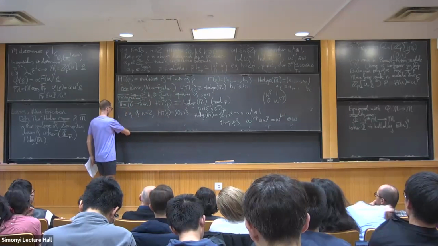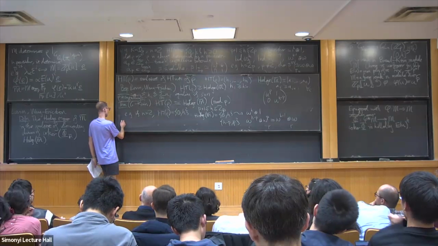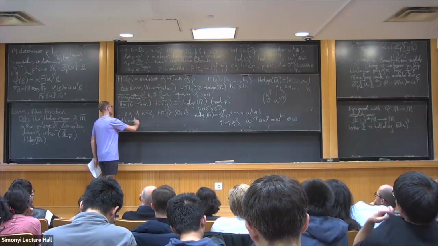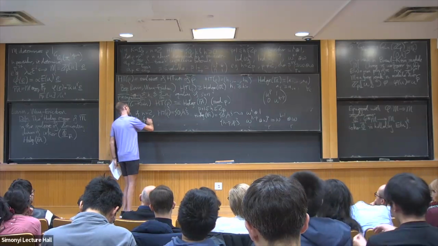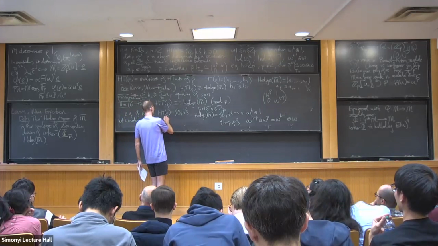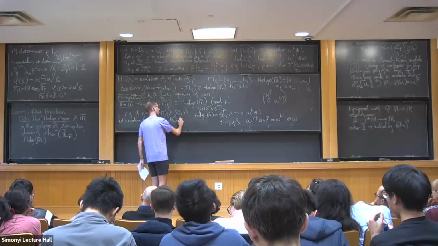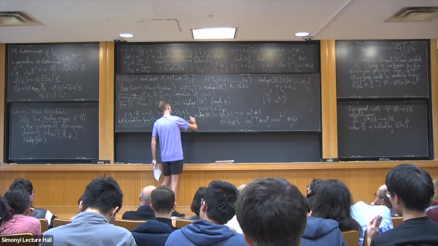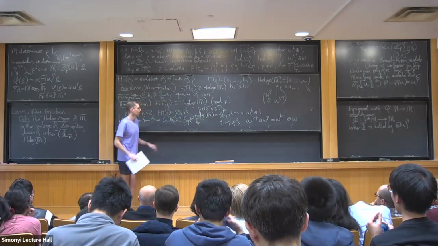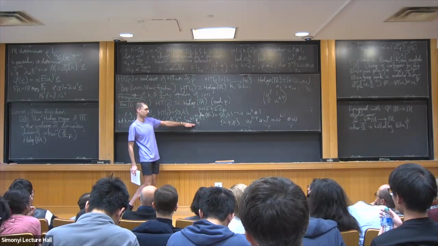So by Shimura, mod p modular forms of weight k have something to do with the cohomology of GL2(Fp) acting on Sym^(k-2) of Fp squared. And for small values of k, up to p plus 1, this is an irreducible representation.